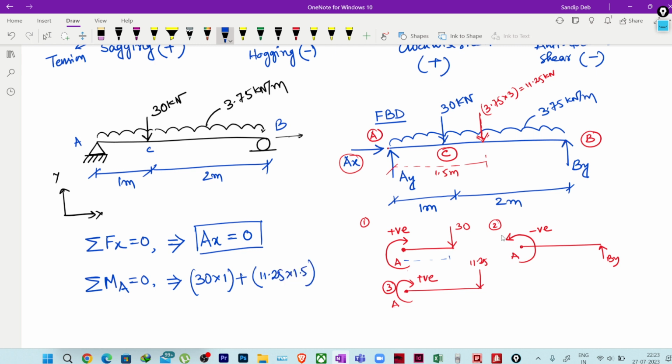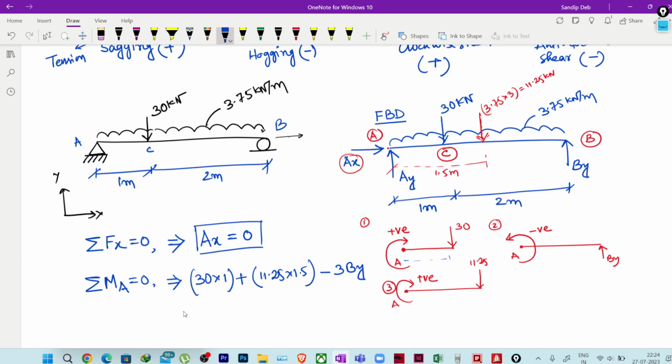Now the next moment is negative, so it will be minus By into 3, right? I have directly written 3 into By because this total length is 3, acting at the end, so it will push and create this kind of moment at A. So minus 3By. Fine.